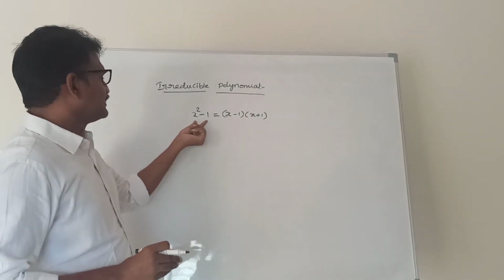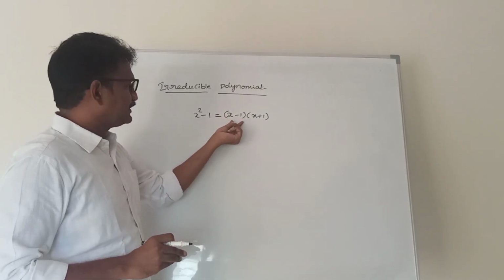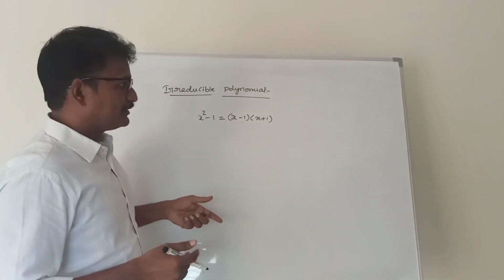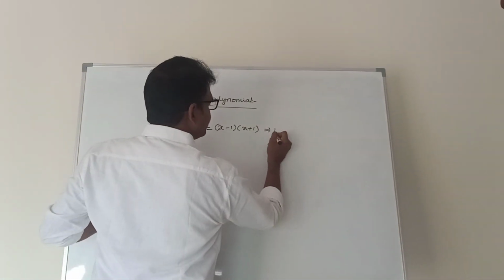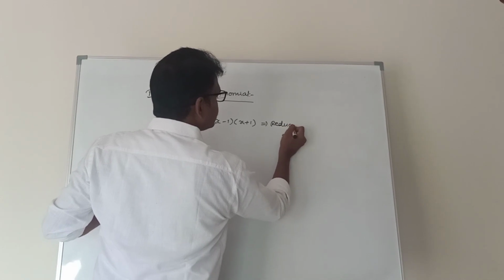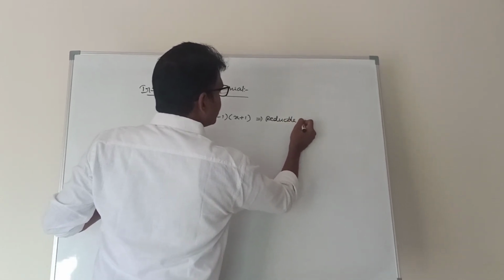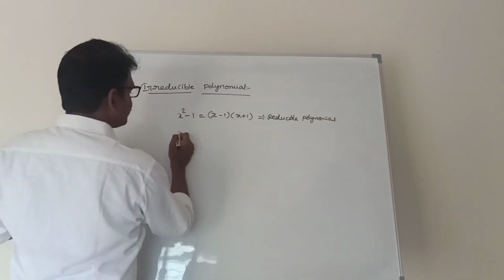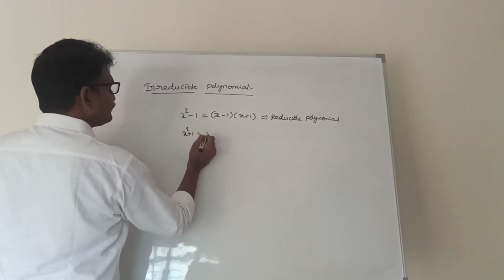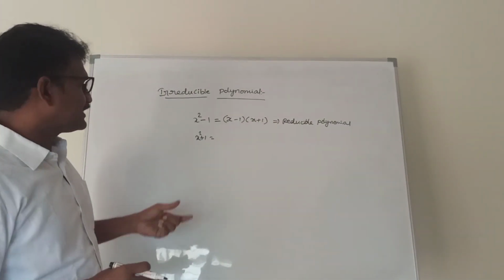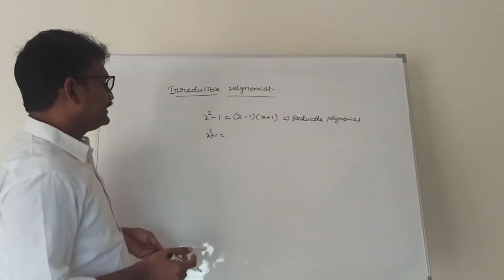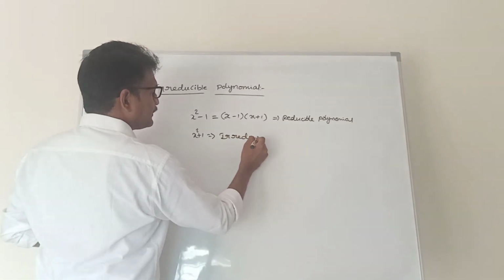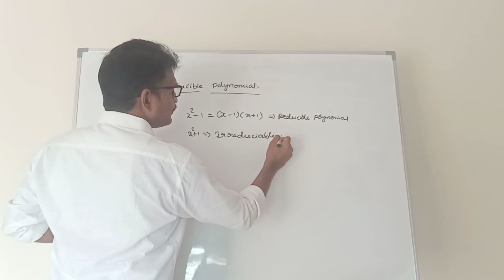So this quadratic polynomial we can split as two linear polynomials, therefore it is called a reducible polynomial. Suppose you take x square plus 1. We cannot split this into two linear polynomials, so it is called an irreducible polynomial.